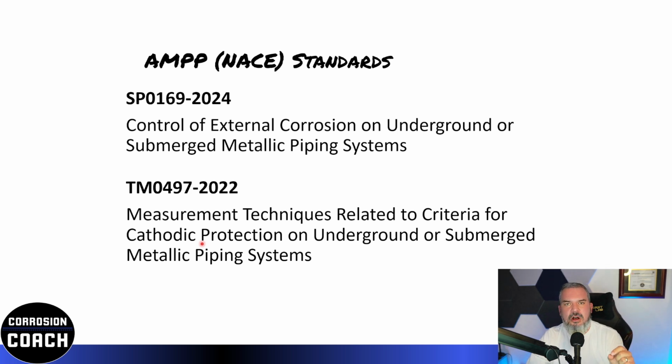This is the standard for pipelines, SP0169. Then you'll see a dash, and a year after that, 2024. That 2024 is the last iteration of it. I'm in 2025 right now, talking to you at the time of this video. The last version of this was updated in 2024.